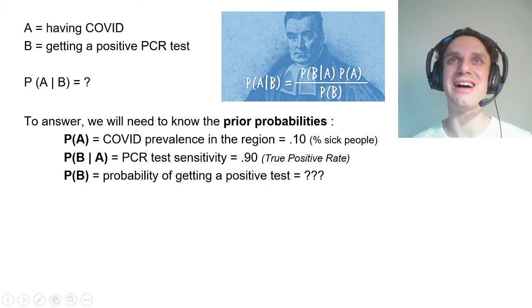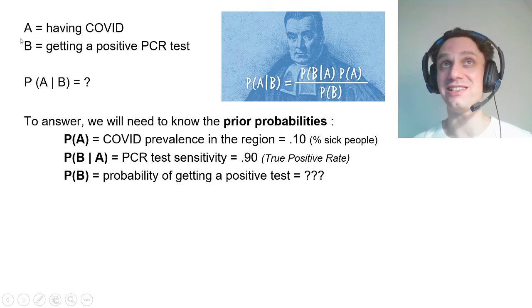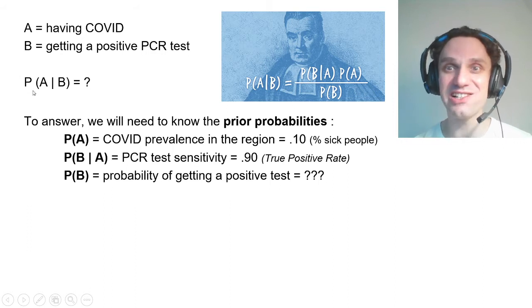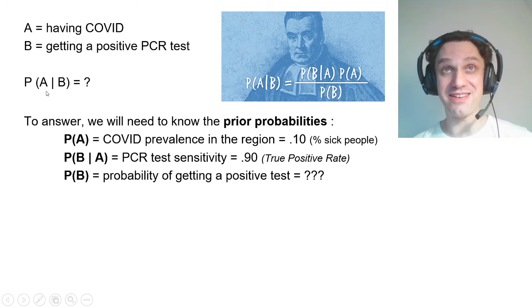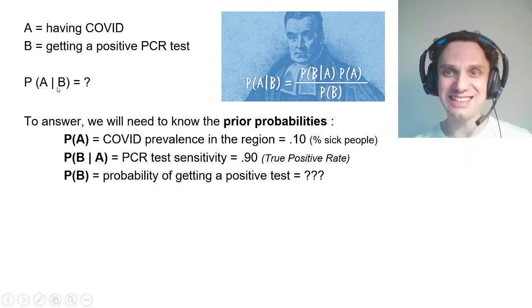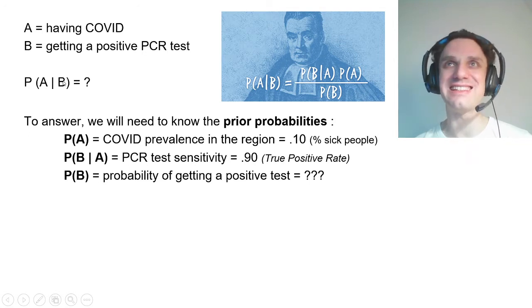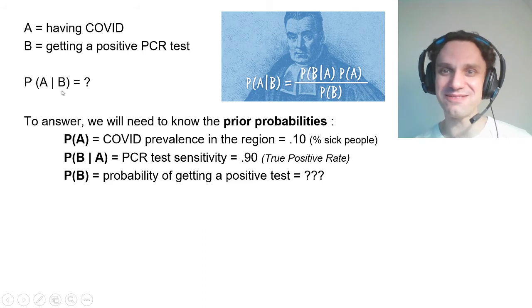So our task is, we have these two events, and we are interested in calculating this conditional probability. What is the probability of you having a COVID infection in case you have obtained a positive PCR test?